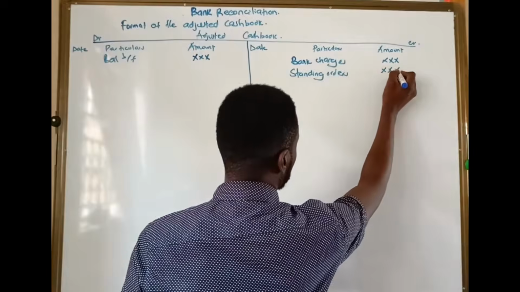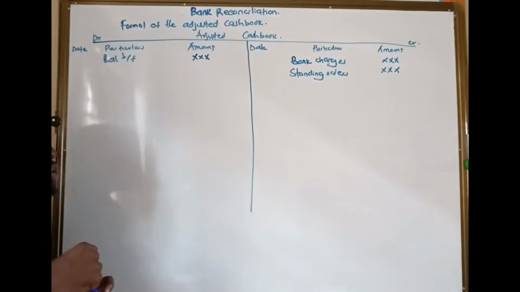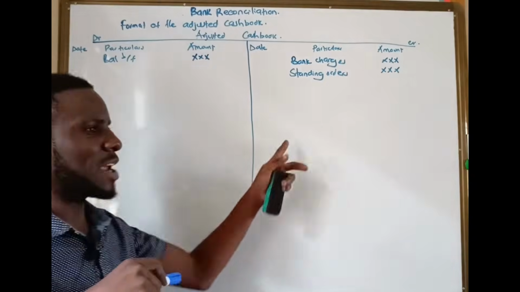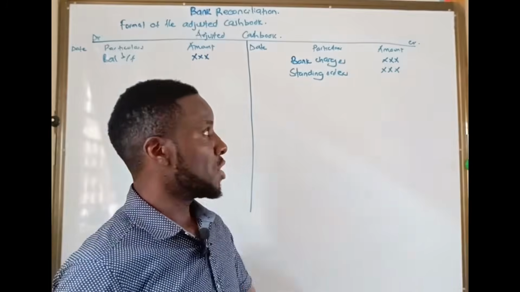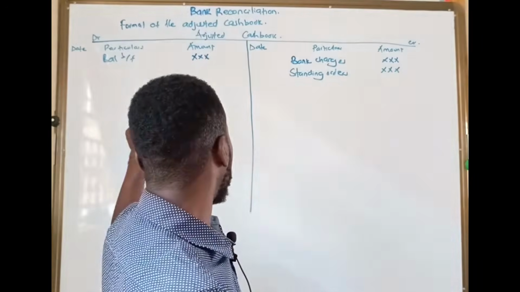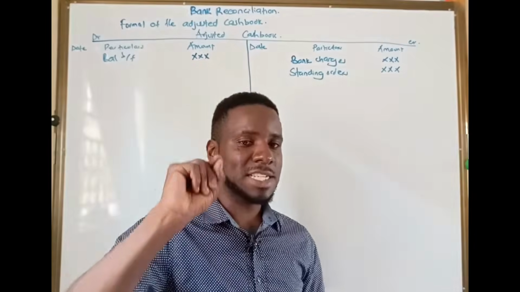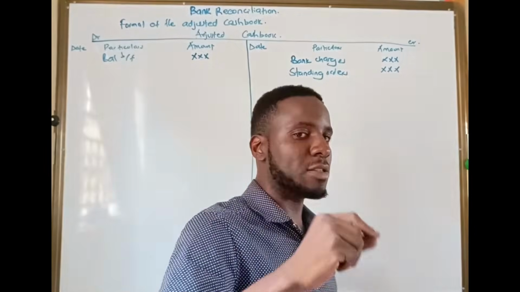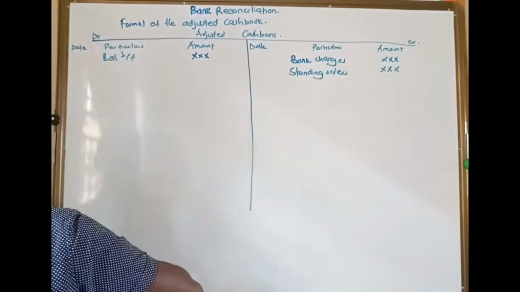Among all items, we have items that go into the cash book and items that don't. Here we only take receipts and payments. Things like unpresented checks and uncredited checks go in the bank reconciliation statement. For here, we are still adjusting the cash book.